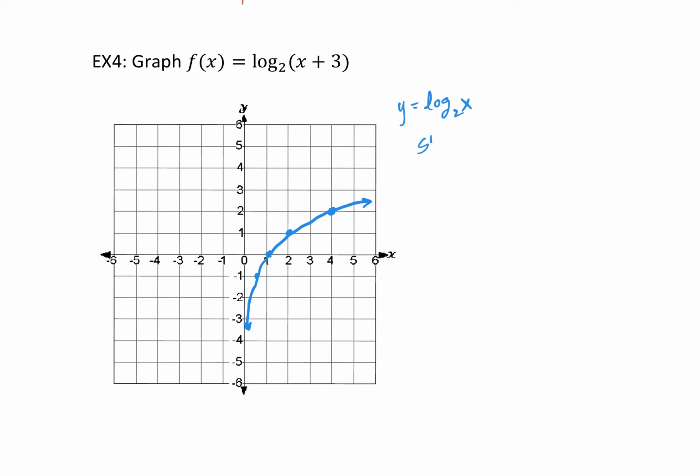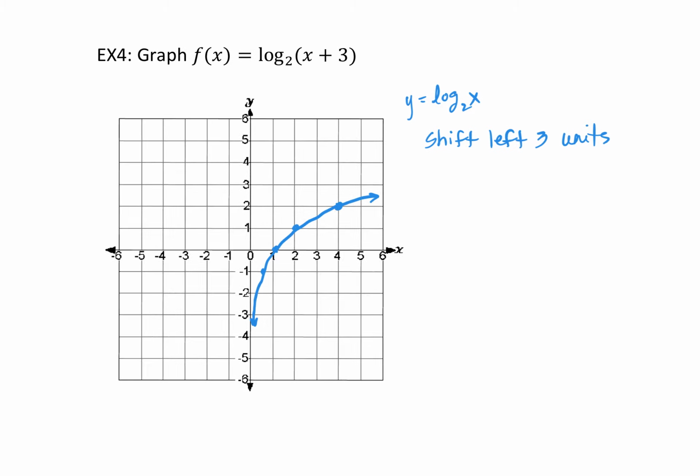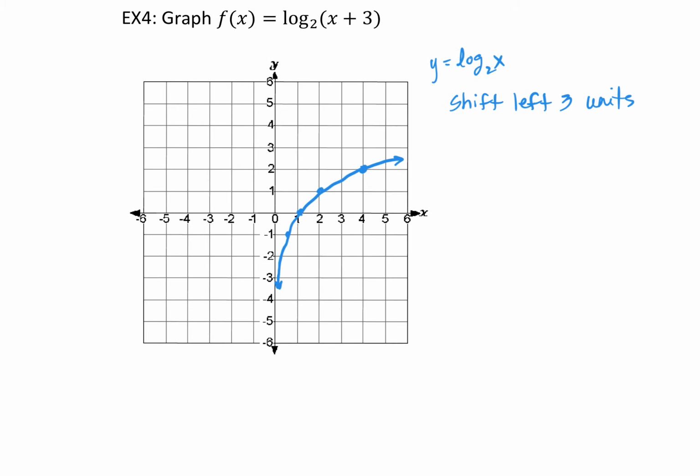So now I'm going to shift left 3 units. I'm going to take these points and go 1, 2, 3; 1, 2, 3; 1, 2, 3, and shift them all 3.